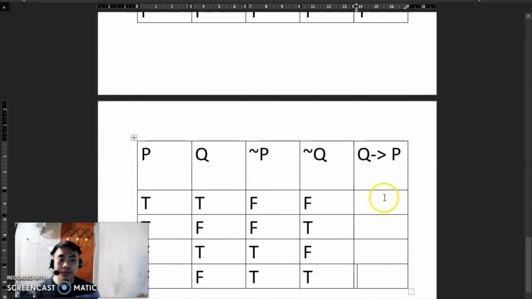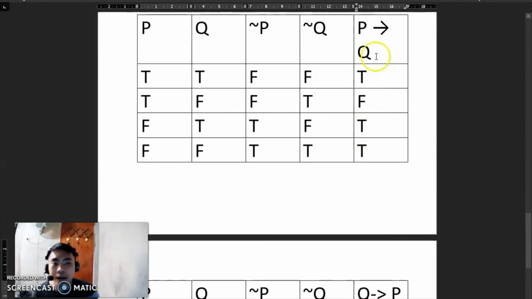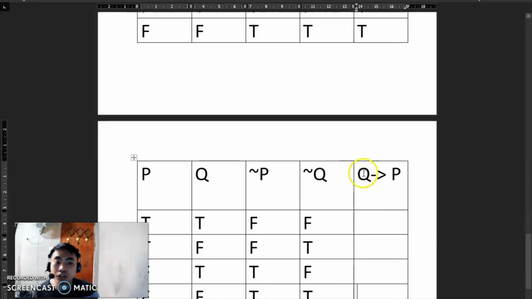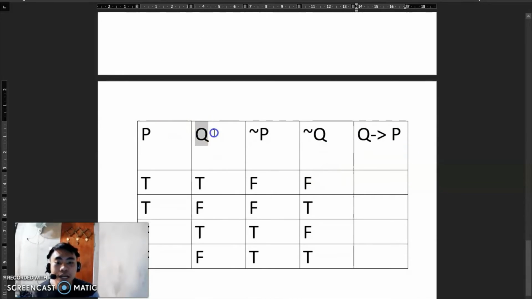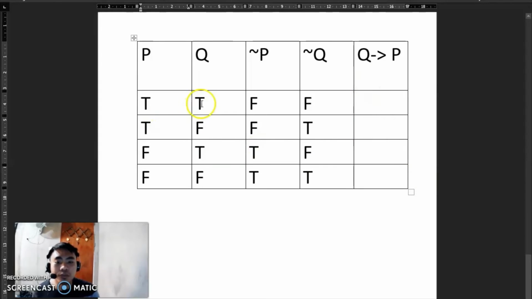Magkaiba po yan. In what sense po, sir? Kasi po, this time, dun sa kanina, ang binigay nating una ay P. P followed by Q. Ito pong sunod nating given, Q followed by P. So, ang una daw po nating titingnan ay si Q bago si P. So, at this point, dito muna po kayo titingin.